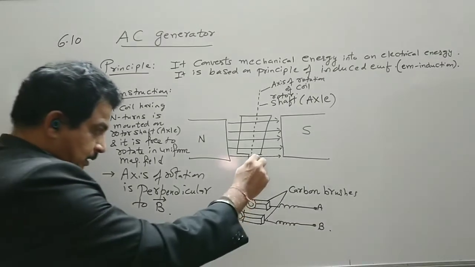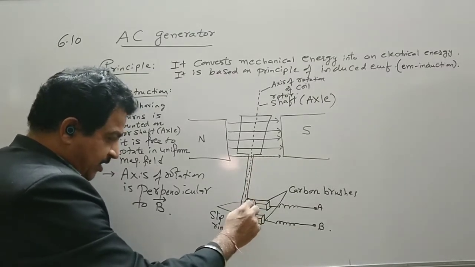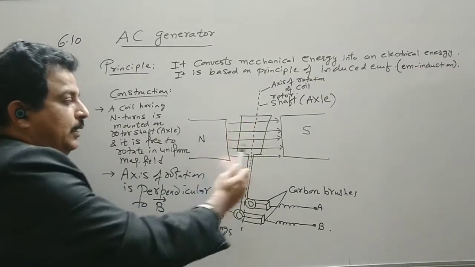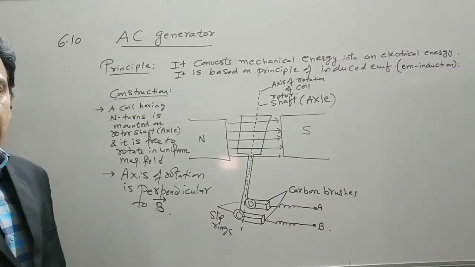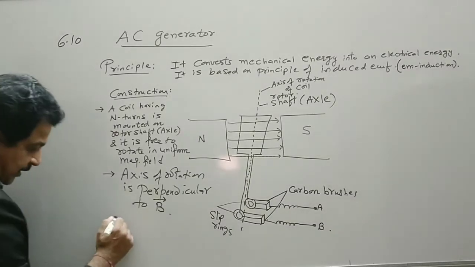Now this wire or the coil end is just touched with the slip ring. Now when this coil rotates, the magnetic flux linked with it will change. So first we see the construction.